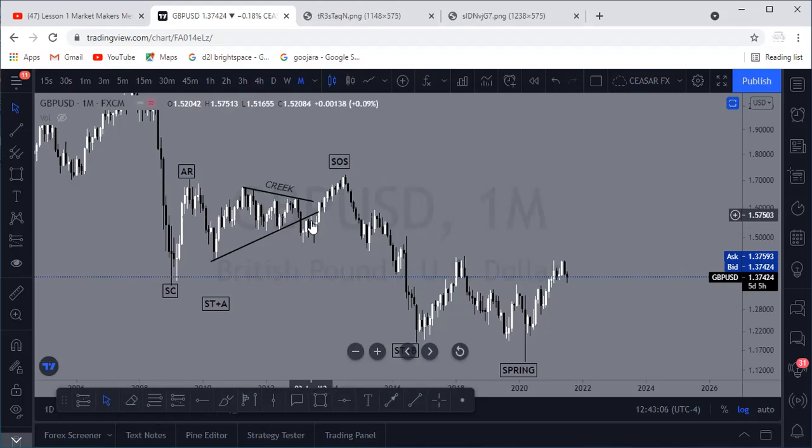The price pretended as if it wants to go lower, and then it went back up aggressively, hitting all the stop losses once again that were placed by break and retest traders. So it went up like this, and then it finally pushed to the upside. You can see that there's a lot of confusion being created by market makers here.